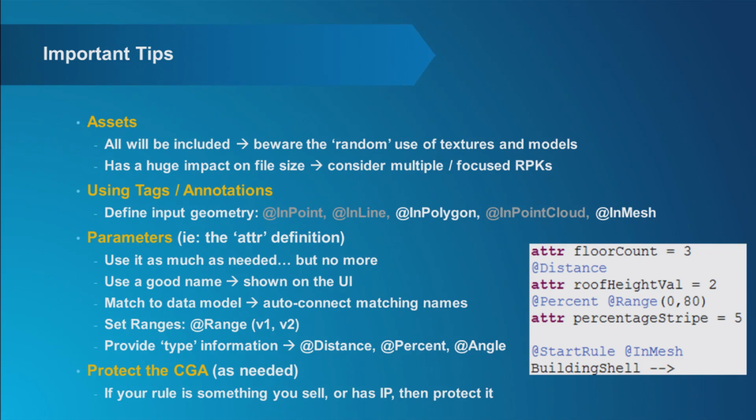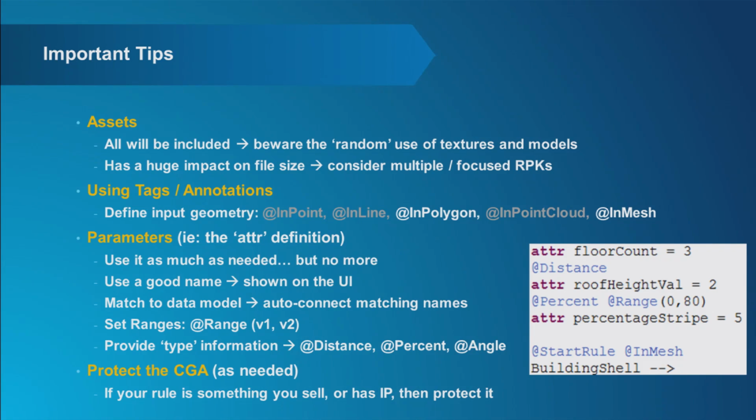Just some important tips. I mentioned be aware and wary of the assets that you're including in your rule. It's going to try and grab everything that it touches in a folder. There are even some more destructive practices. For instance, when you're generating a building, you can tint a texture slightly to create variation, so it's the same texture but with a slightly more green hue.